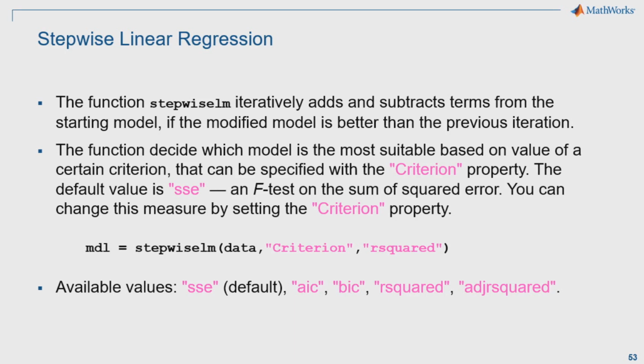There are many actually, and by specifying the different criterion, you can select different ways for the algorithm to select new features or predictors to add or to subtract.